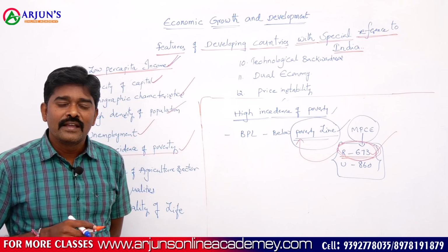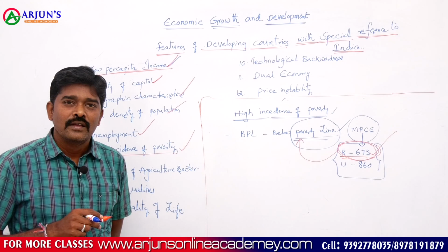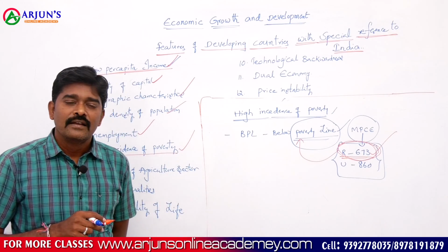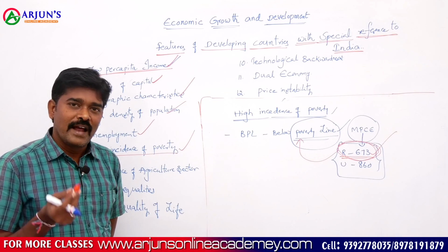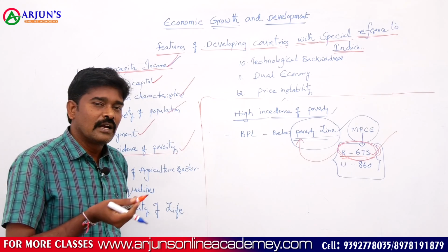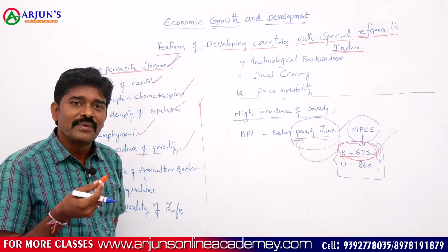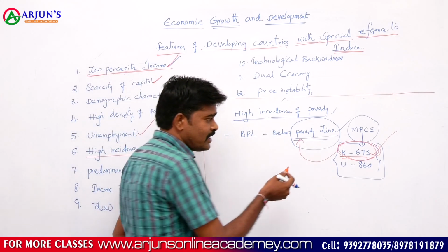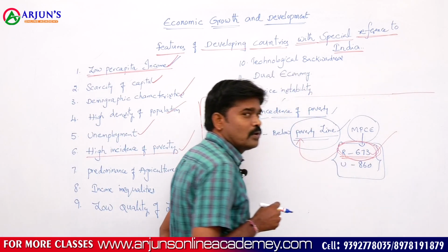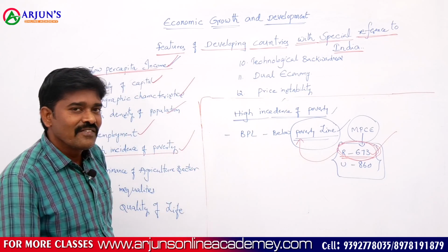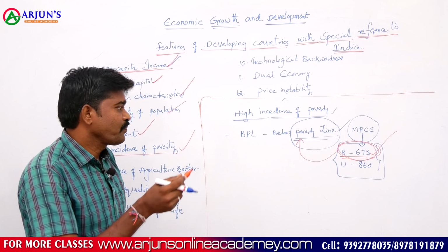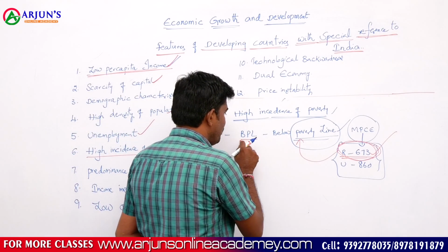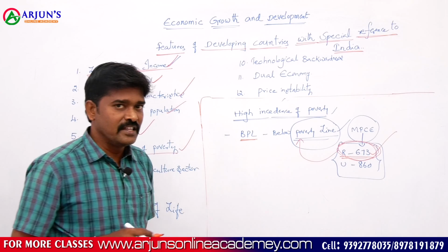To estimate the poverty line, there are different expert groups, such as the Planning Commission and the Tendulkar committee. As per the expert committee recommendations, in the rural areas, the people who are unable to spend 673 rupees per month to satisfy their needs come under the BPL category. That is the poverty line in the case of rural areas.